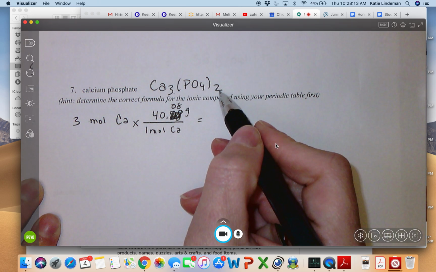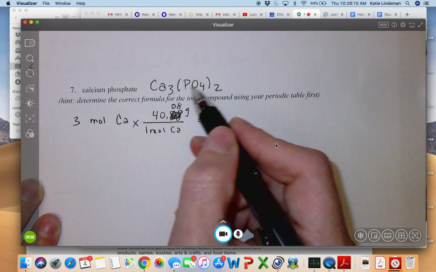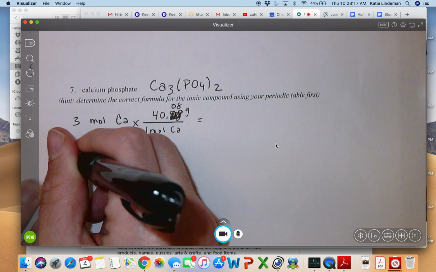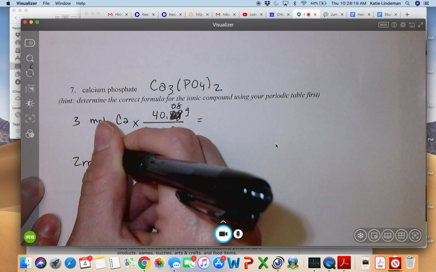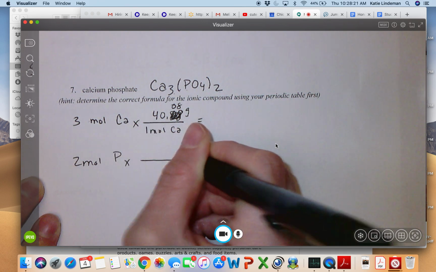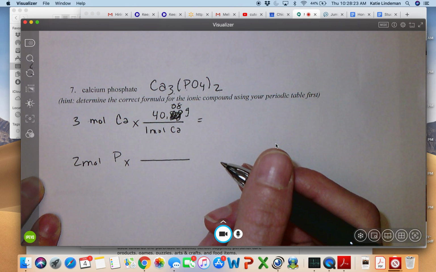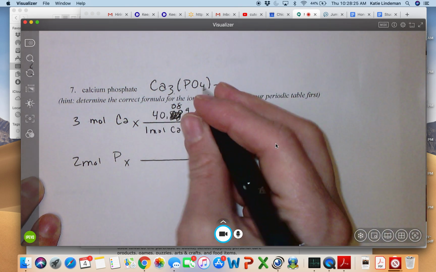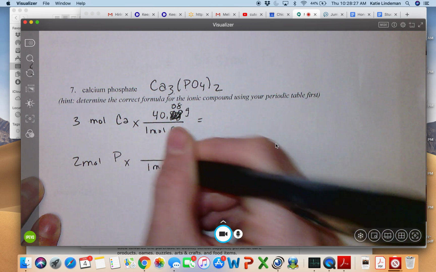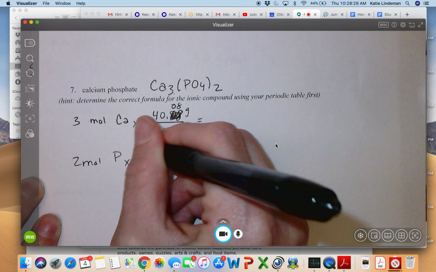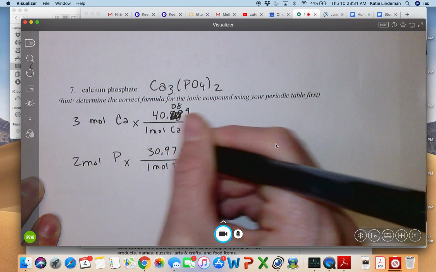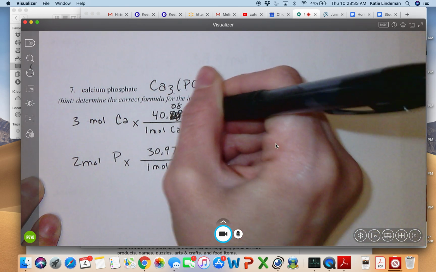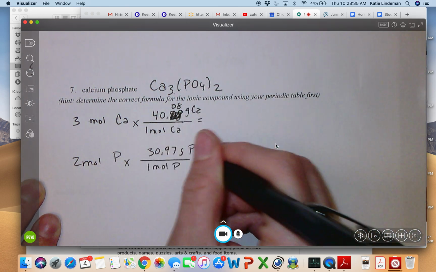And then I look and I have 2 phosphoruses. So 2 moles of phosphorus. And again, if I look at my periodic table, 1 mole of phosphorus weighs 30.97 grams of phosphorus. We want to make sure we're labeling all these things.